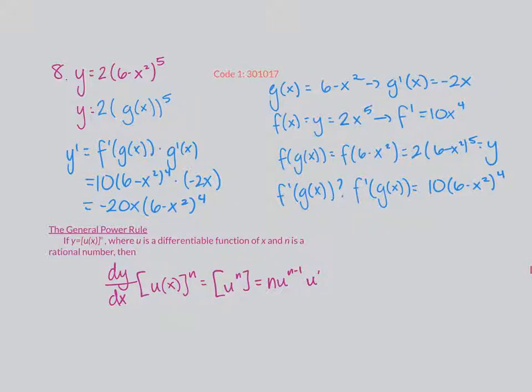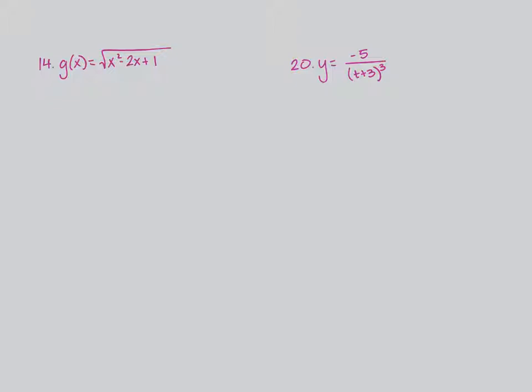Okay, so let's look at some examples involving that. In 14, I've got g of x is equal to x squared minus 2x plus 1 all underneath a square root. So I'm going to rewrite this as g of x is equal to x squared minus 2x plus 1 to the 1/2. Using my general power rule, the derivative is going to be the exponent times the original function, take away 1 from the power, times the derivative of that function, so 2x minus 2.